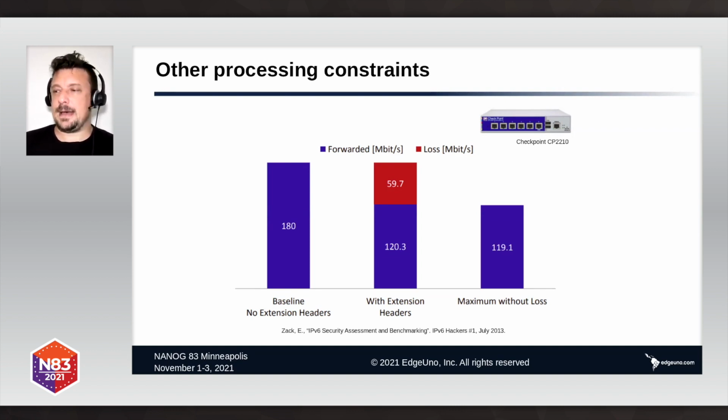So this is a data point which shows you that extension headers have a concrete impact on real world network devices. And you, as an operator, when faced with these kinds of situations, might need to make a choice as to whether it's okay for you to deal with, for example, these performance implications, or this is actually not acceptable at all, and you might need to drop packets that employ IPv6 extension headers.